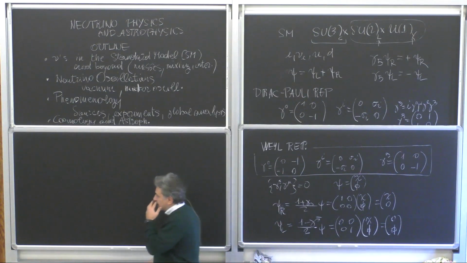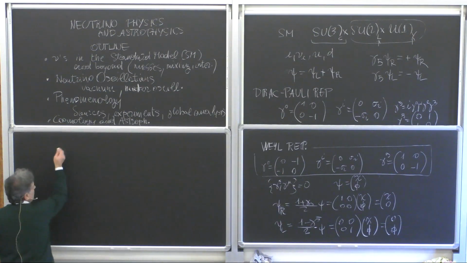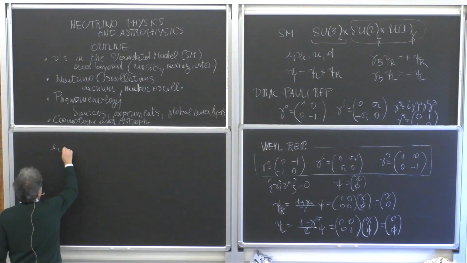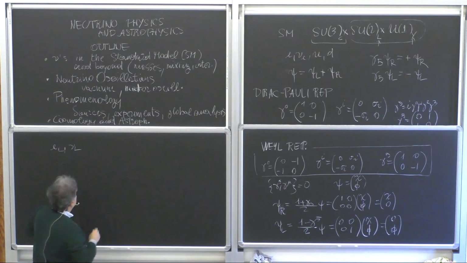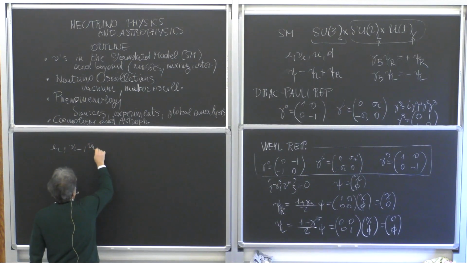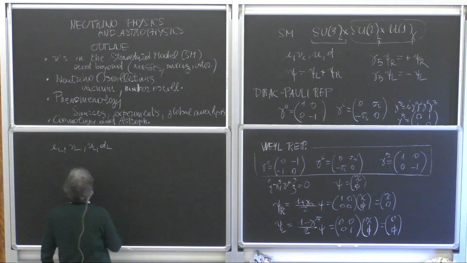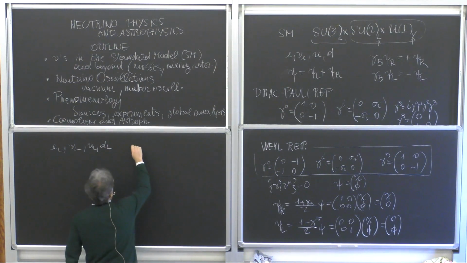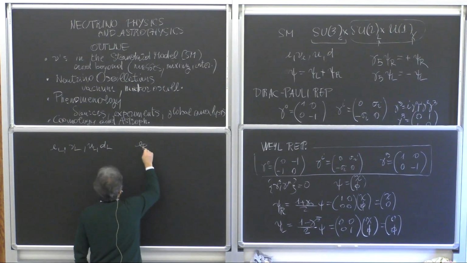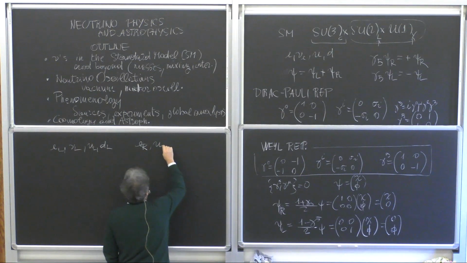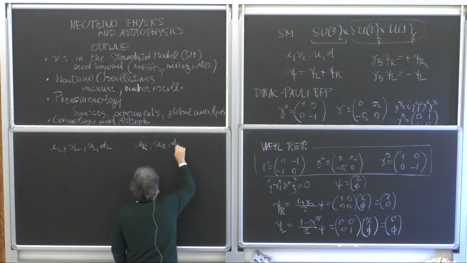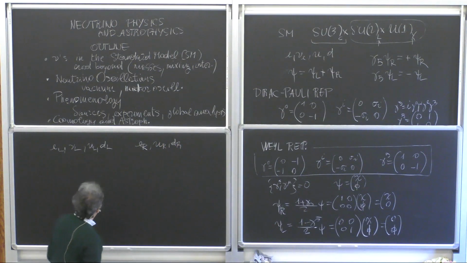SU2 left means that the building blocks of the Standard Model will be the left part of the particles, so quarks and leptons, on one side, and then the right part. For the electron, we have ER, and also for the quark we have the right part.